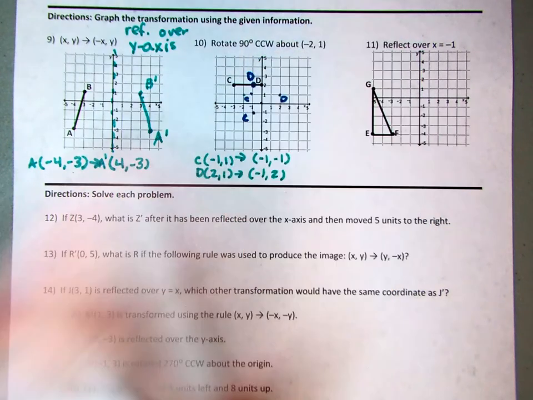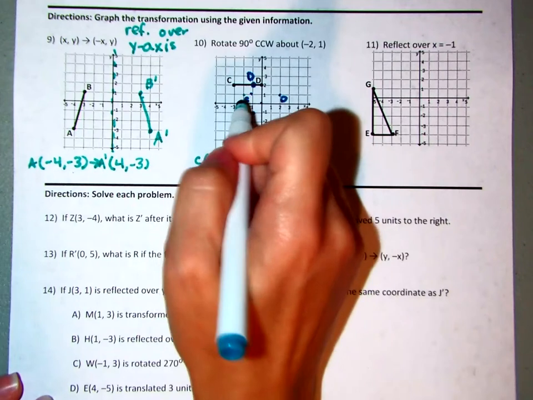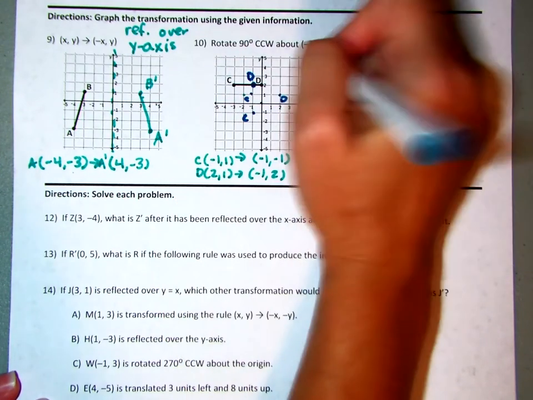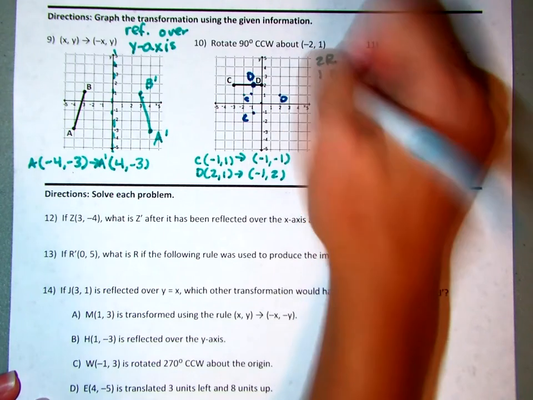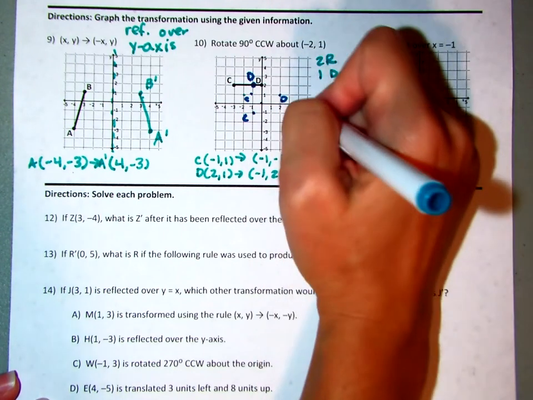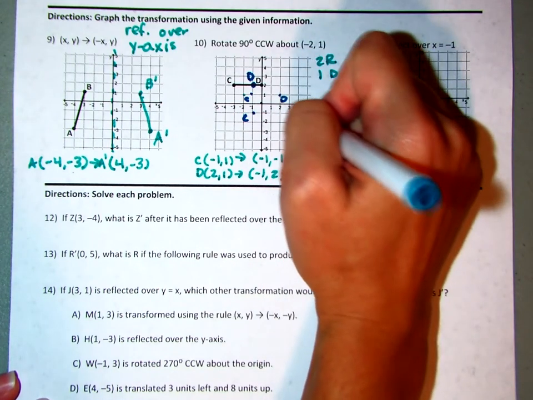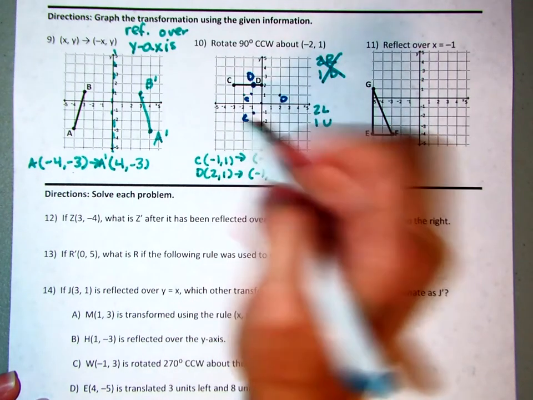Now, what we need to do is put them back. Well, let's look before. When we first started here at -2, 1, we had to go 2 to the right, and then we had to go 1 down. Well, to go opposite of that, to put them back, we're going to have to go 2 to the left and 1 up. So we're done with that direction. So we're going to take our C here.